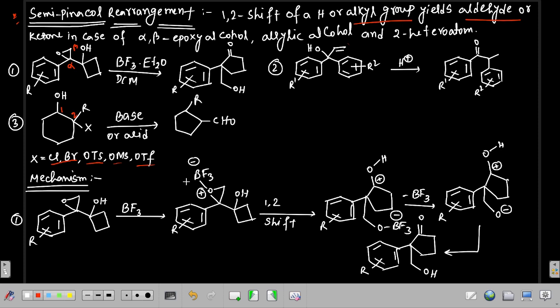So we will see the mechanism of the first reaction. This is an acid catalyzed reaction. So this is an epoxy alcohol, alpha beta epoxy alcohol.